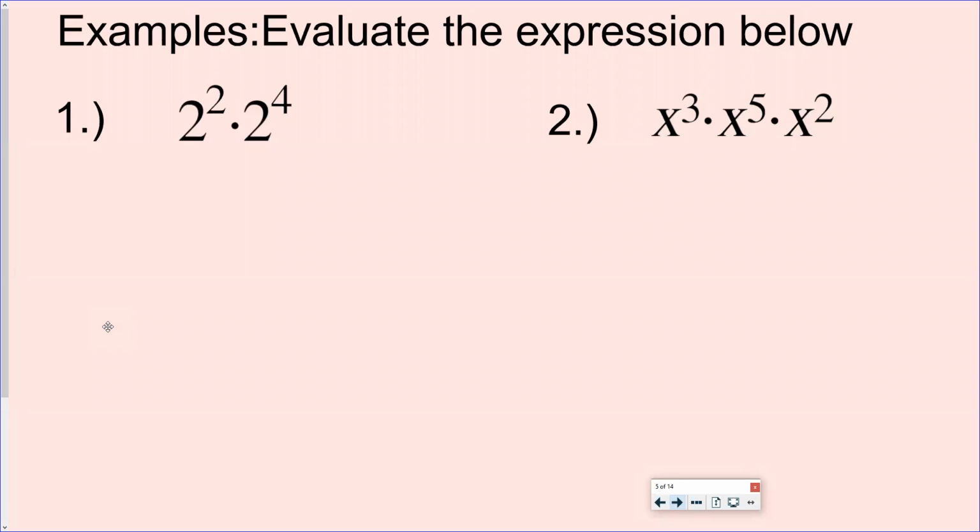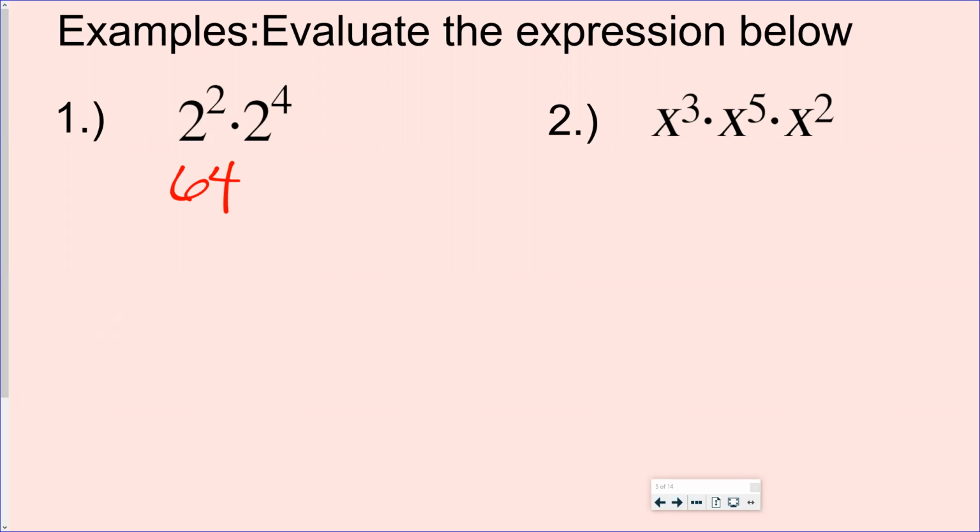All right, so let's evaluate these expressions below. We want to find out what each of these is equal to. Well, the first one is all numbers, so if it was my choice, I would just type that in my calculator, 2 squared times 2 to the 4th, and I get 64.